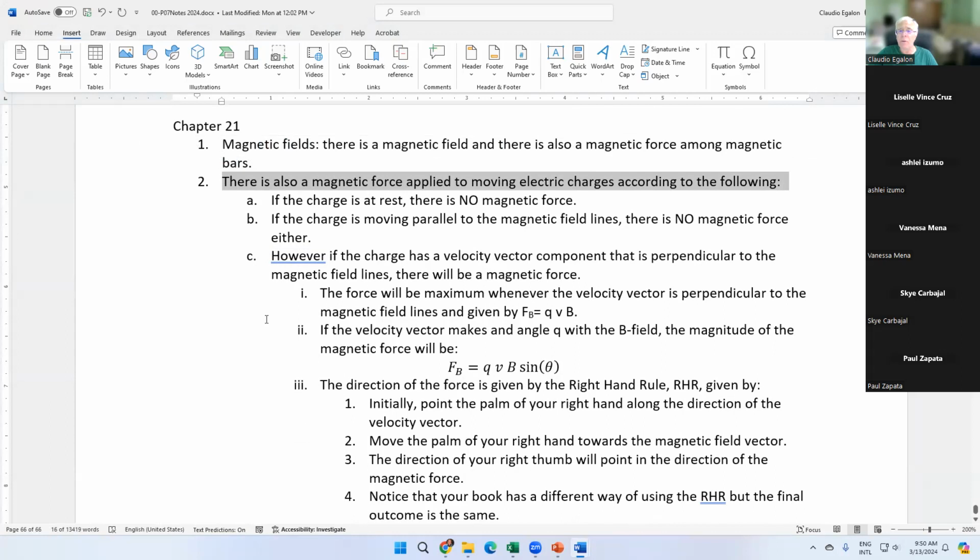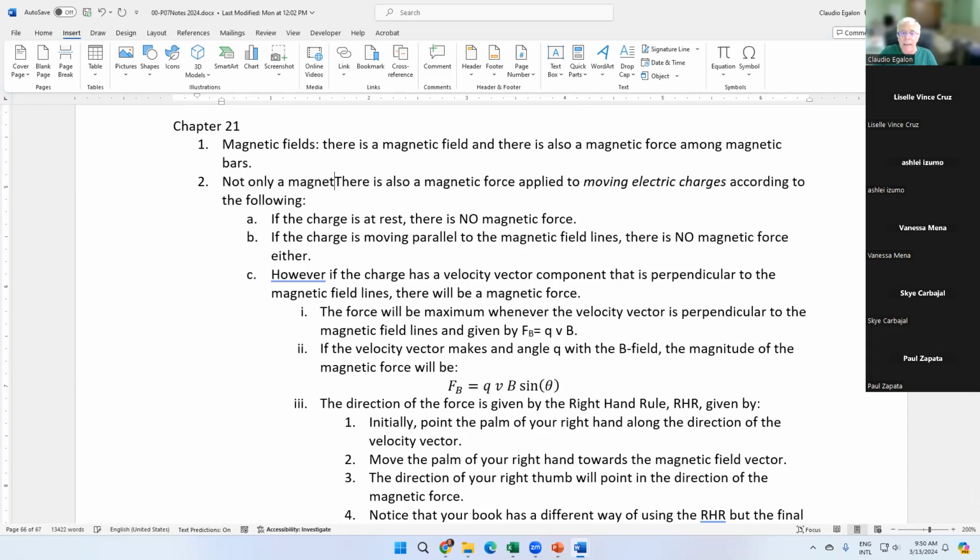There is a magnetic force, and not only may a magnet attract or repel another magnet, but it may also exert a force on a moving electric charge.